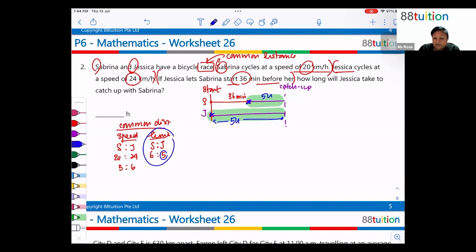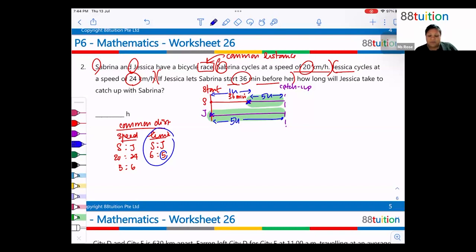So that means this must also be your 5 units. That means this will be 1 unit of time. Yes, Jessica would have caught up with Sabrina. Yes, that's what I said. Or unless I said the other way.